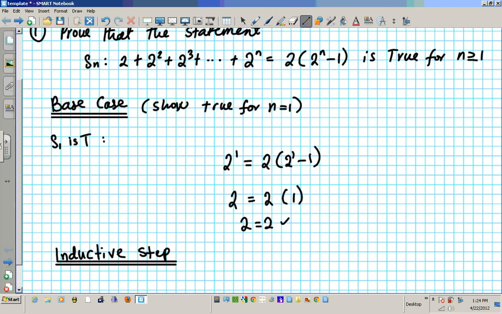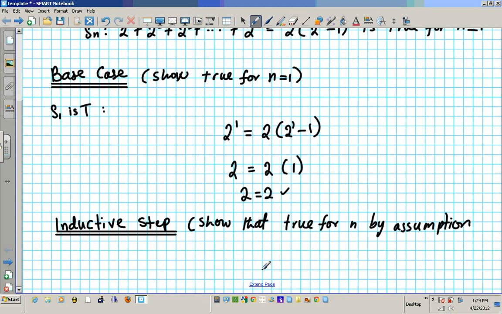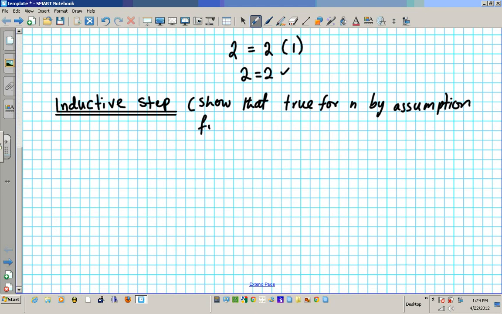In the inductive step, we need to show that if the statement is true for n by assumption, it follows that it is true for the next step, which is n plus 1. So this is the main goal of the inductive step.